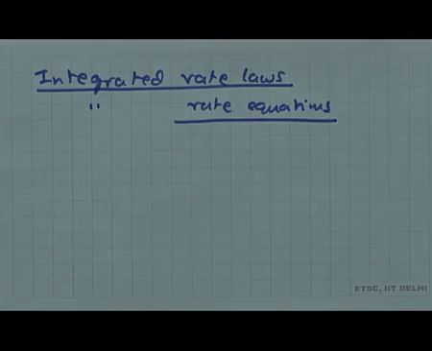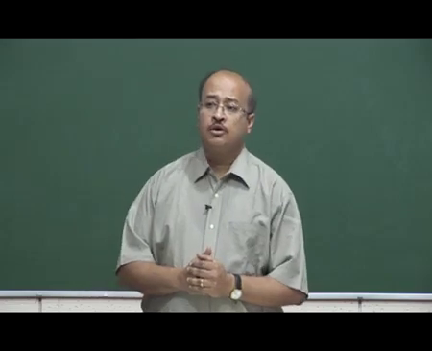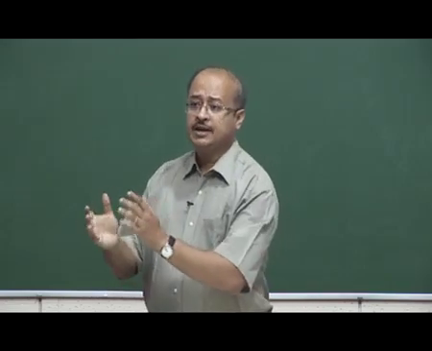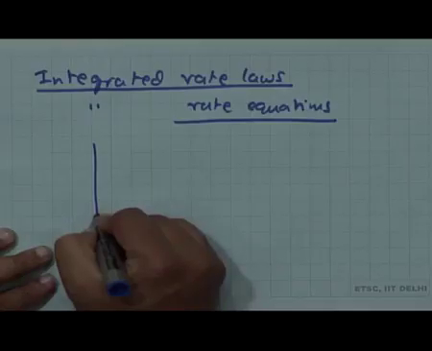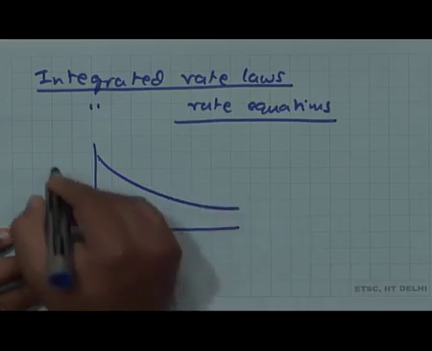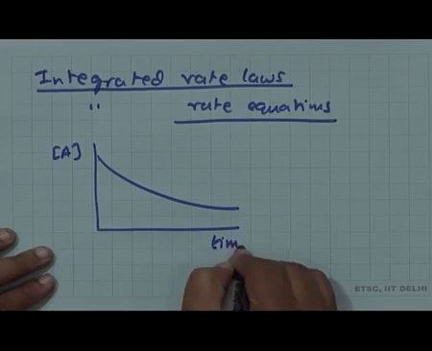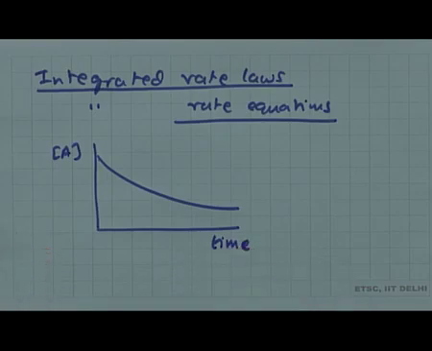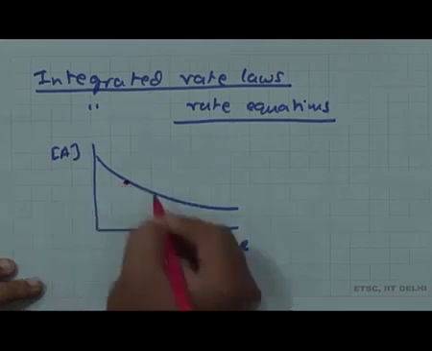So, as I was telling you, up till now whatever we did was to find, say suppose I would like the instantaneous rate, okay. So, suppose I am given a kinetic profile like this, okay. This is the concentration of A versus time t, and someone asks me to find the instantaneous rate somewhere here.